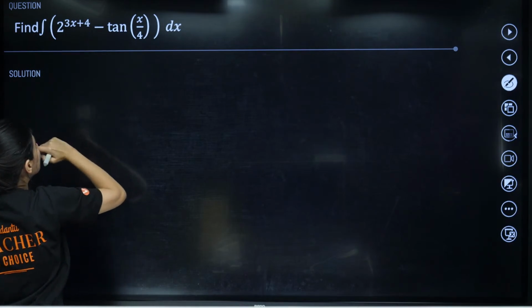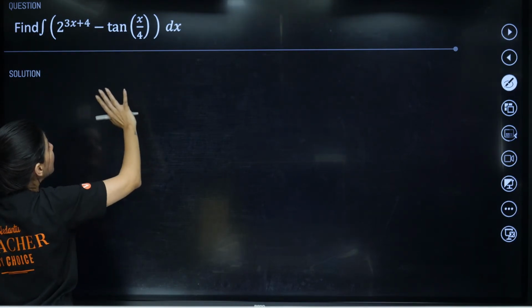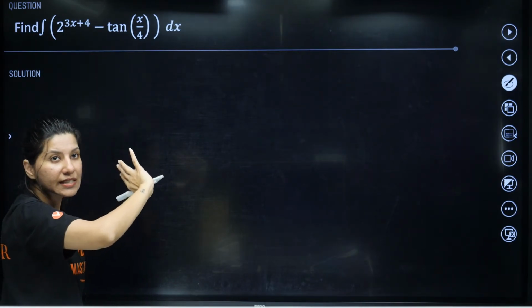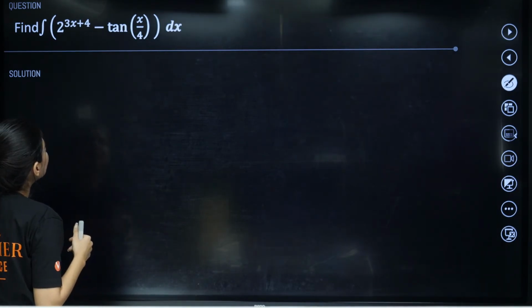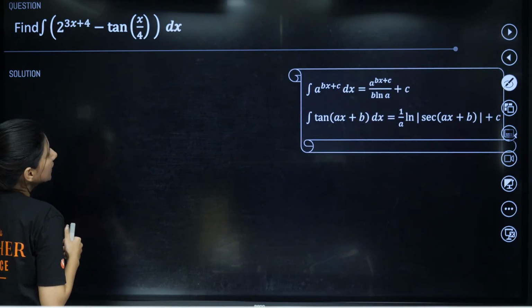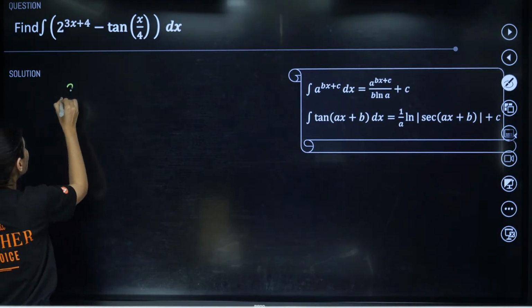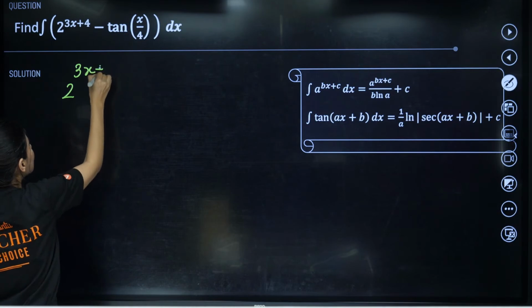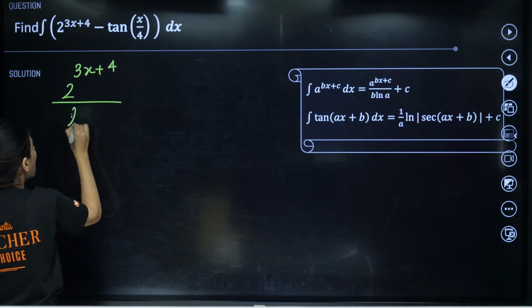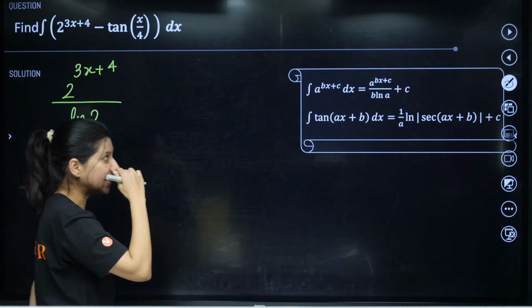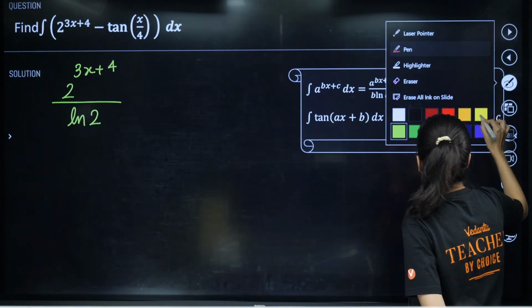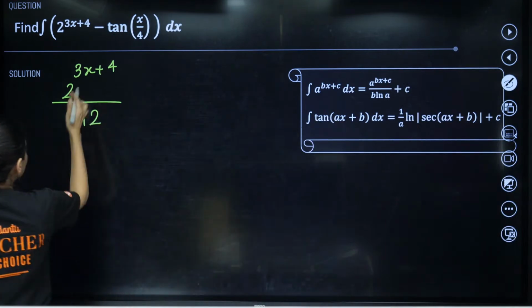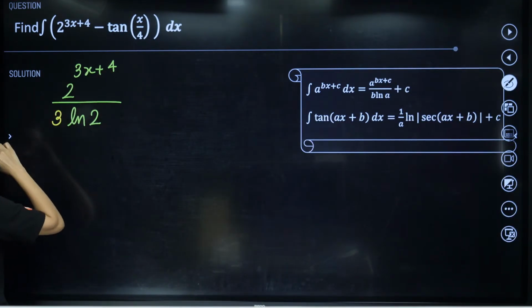Integral of 2 raised to power 3x plus 4 minus tan x by 4. So the integral of 2 raised to power 3x plus 4 is going to be 2 raised to power 3x plus 4 upon log of 2. Please do not forget to differentiate 3x plus 4 in the denominator.